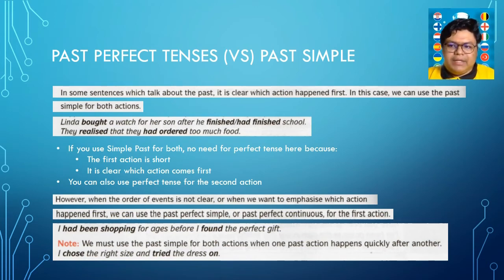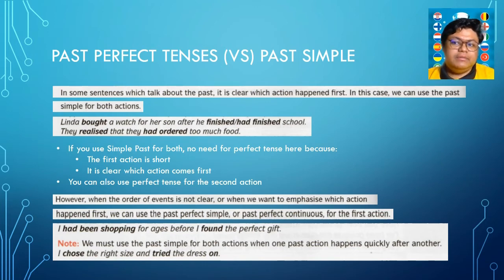Tapi syarat dia mesti action tu berlaku quickly after the other action. Contohnya, I chose the right size and tried the dress on. Untuk yang ni kita mesti gunakan past simple untuk kedua-dua action.